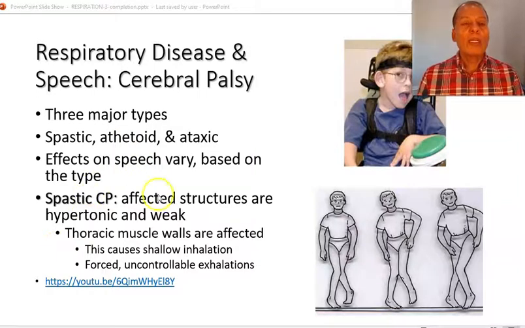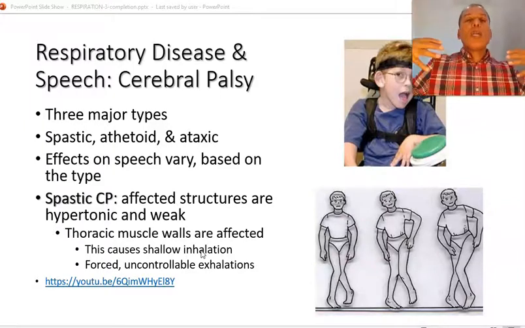In terms of the spastic type, the structures again have hypertonicity, which means that they tend to be rigid, and there's weakness as well. Thoracic muscles are also affected, are weaker, and you can imagine that it's going to restrict the ability to inhale.